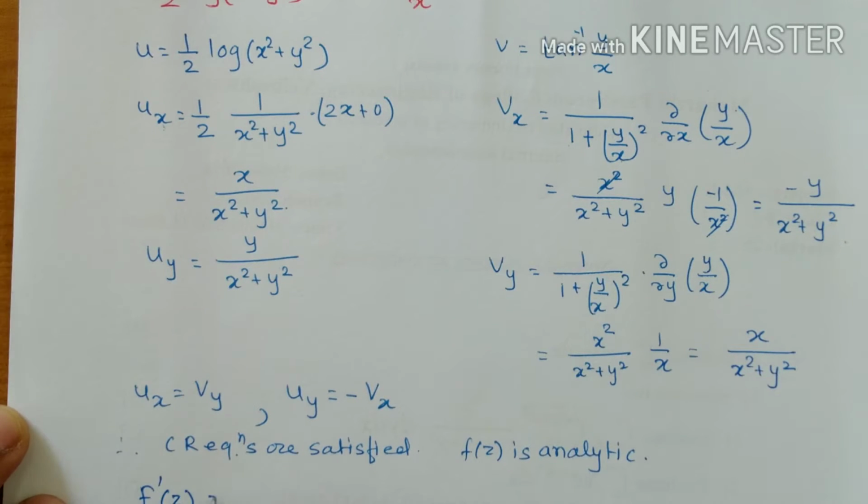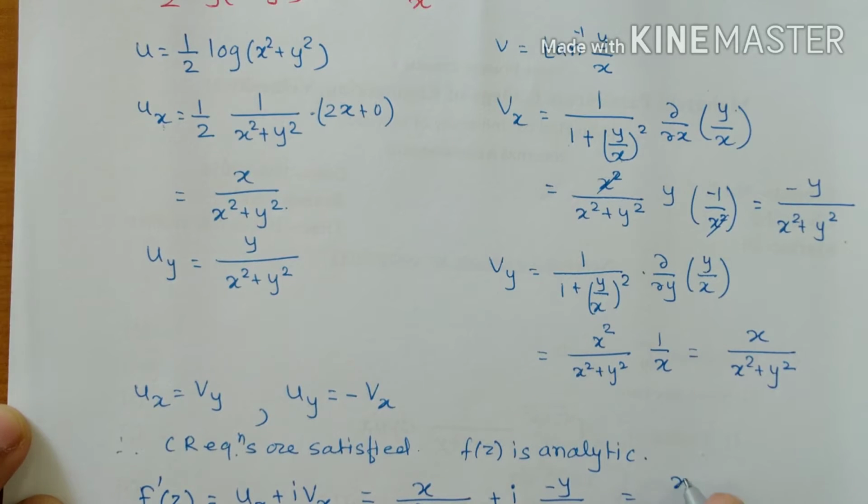We have discussed yesterday the 4 different ways of writing f dash of z. One of the ways is f dash of z is equal to ux plus i vx. So now ux is x upon x square plus y square, and vx is minus y upon x square plus y square.